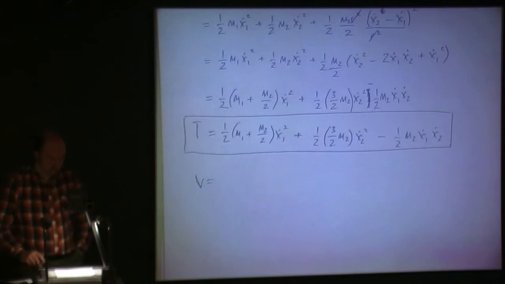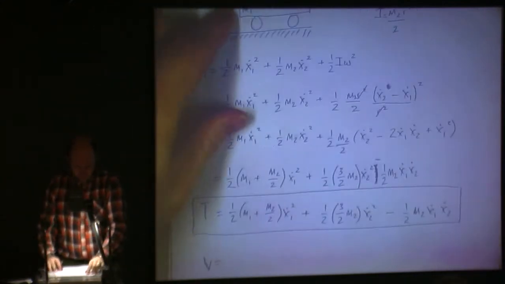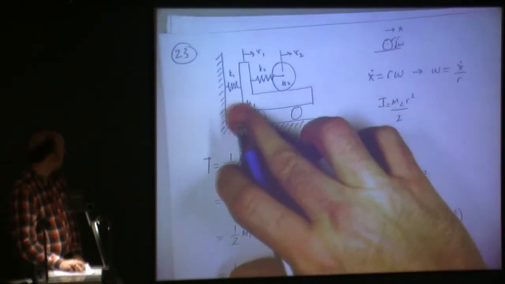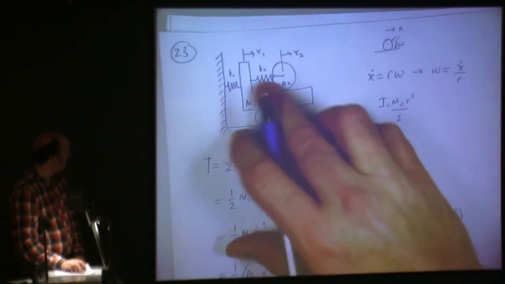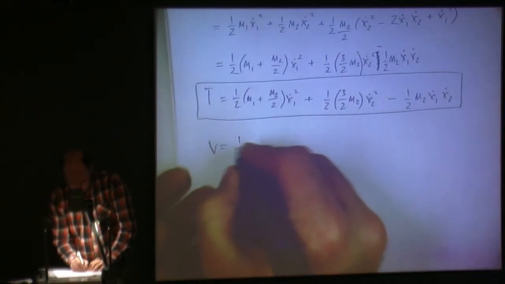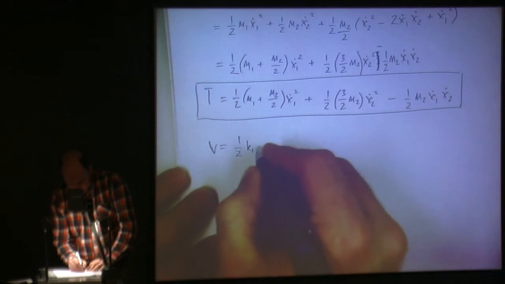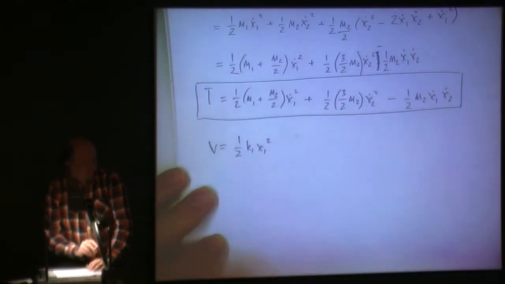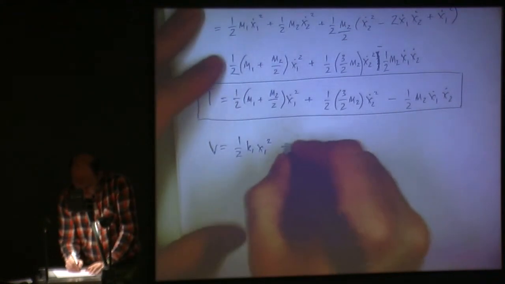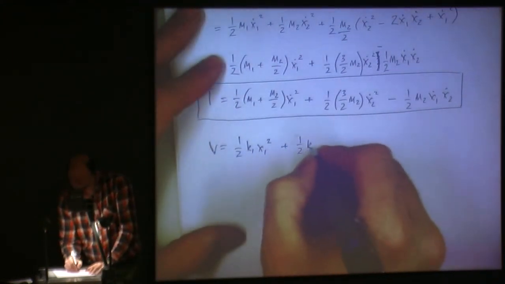The potential energy is a bit easier. We've just got 2 springs. One is between the trolley and ground, and one is between the 2 masses. And so V is 1/2 K1 x1 squared. That's between the trolley and the ground. And then we've got plus 1/2 K2.